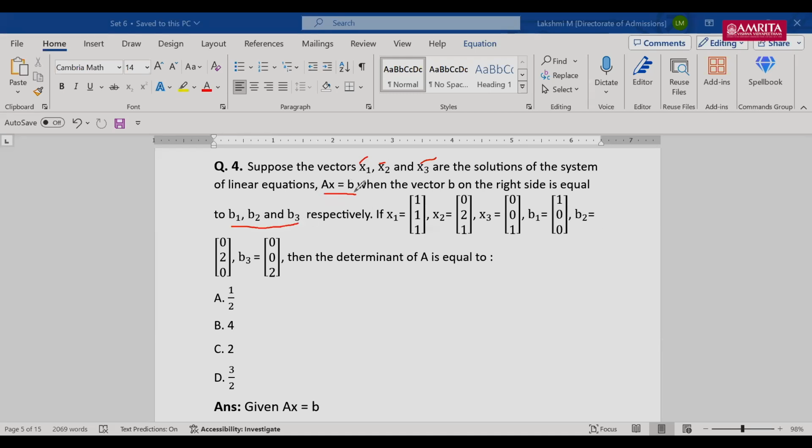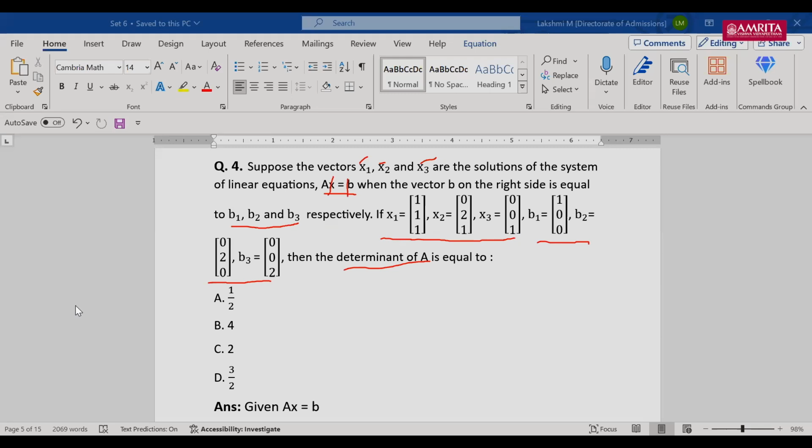So Ax equal to maybe b1, b2 or b3 or anything. And they have given x1, x2, x3 values and b1, b2, b3 values also. But every relation is given in terms of x and b, but they have not given me A. They have asked me to find the determinant of A.